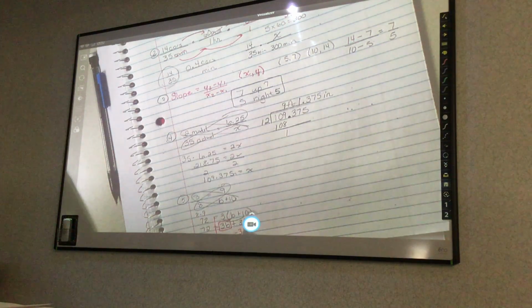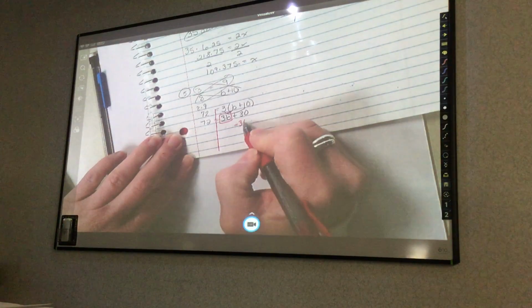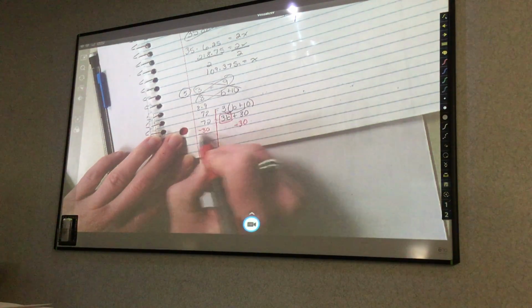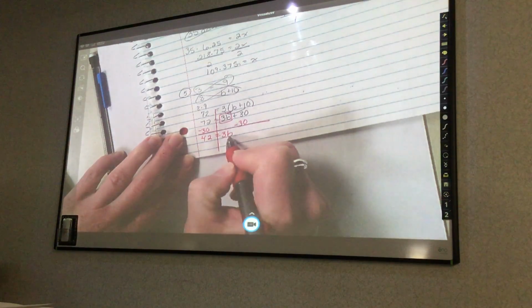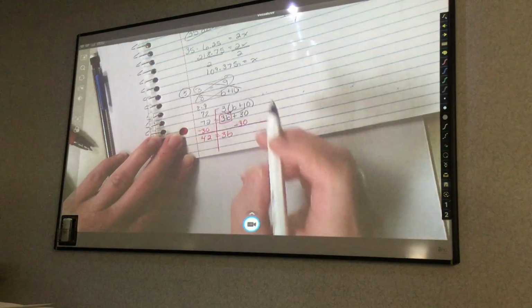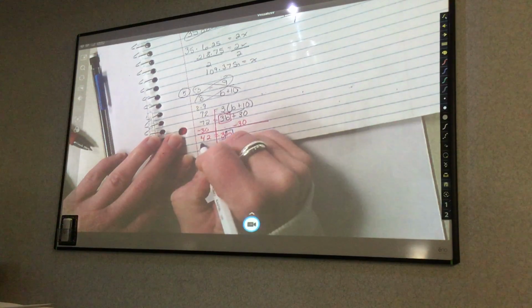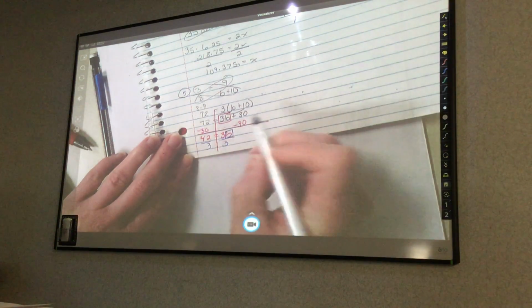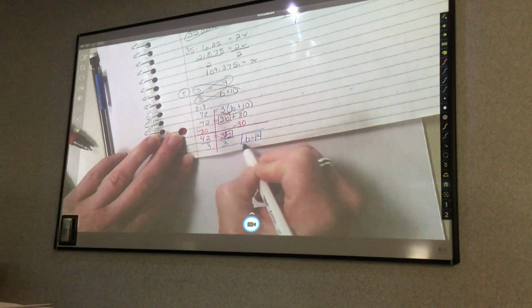Subtract 30 from both sides. 42 equals 3b. Now I am going to box up my b and divide by 3, divide by 3. 42 divided by 3 is 14.